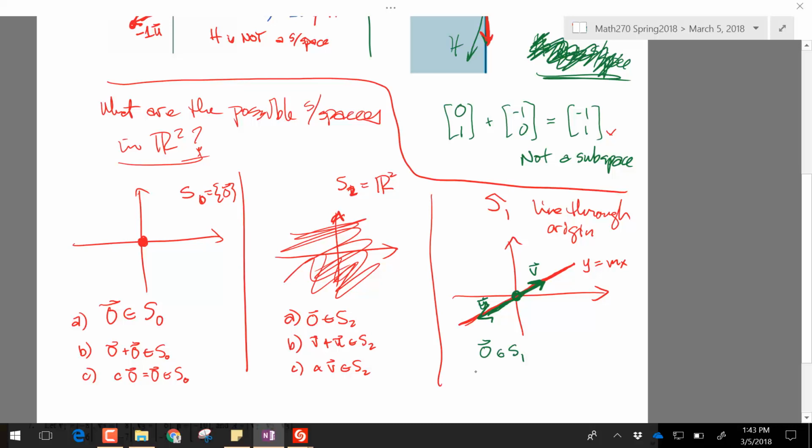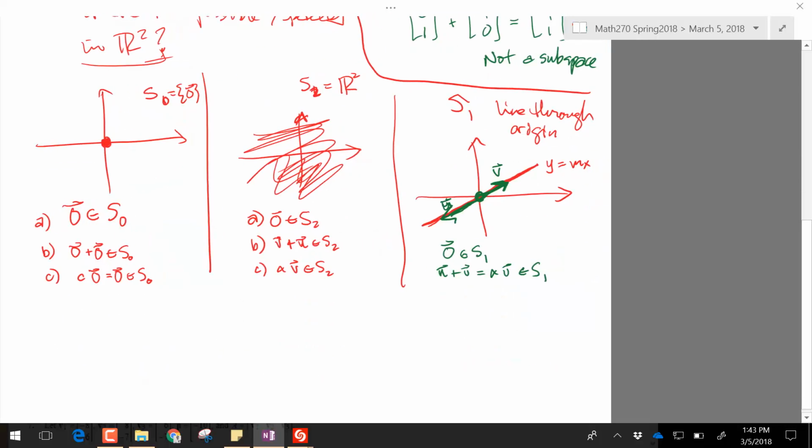If you add two vectors, u plus v, they're scalar multiples of each other, so this is just a scalar multiple of v, and that's in the subspace. And then, of course, a scalar multiple of anything is also.